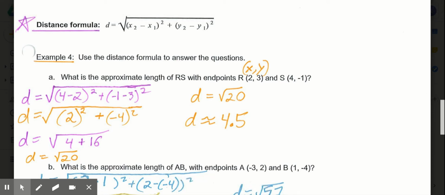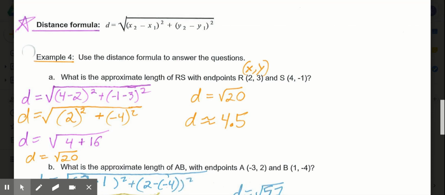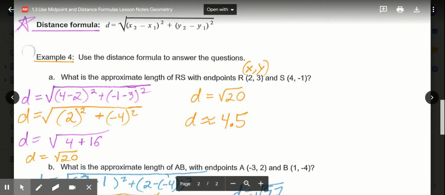So then, following the order of operations, do our math inside the parentheses first. 4 minus 2 is 2. -1 minus 3 is -4. Both are still to the second power, all inside the square root.